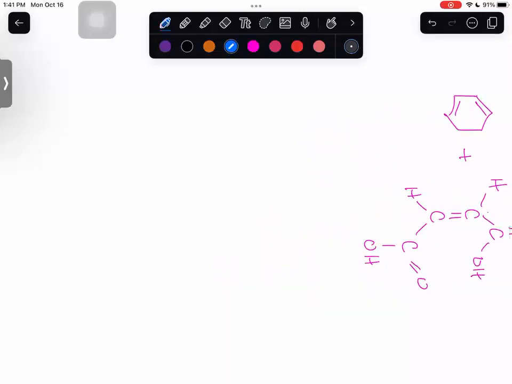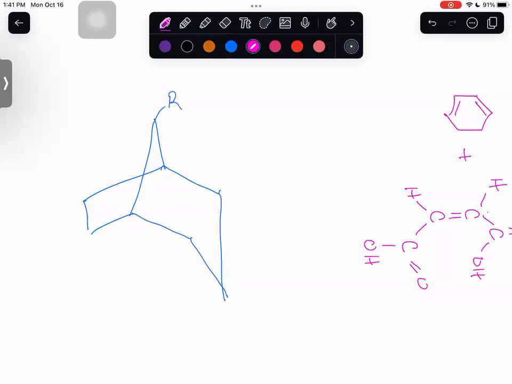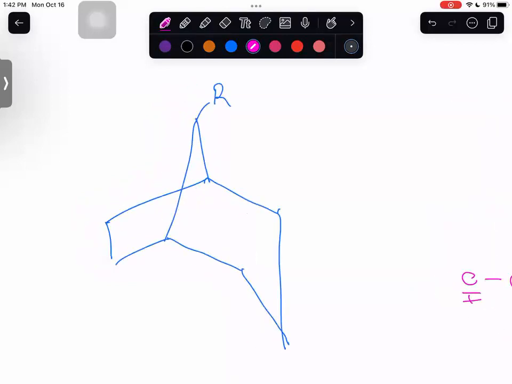Okay, let's look at this guy. So from SI, we know that endo is the major product, right?